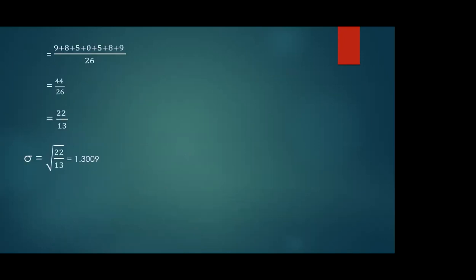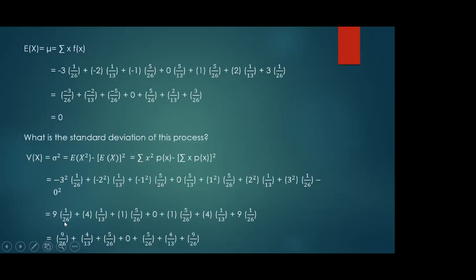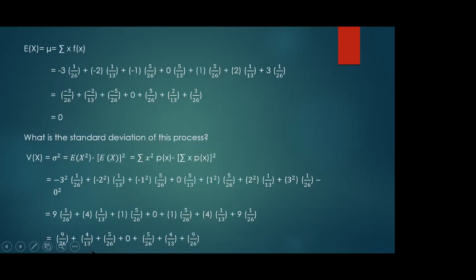So the common denominator in this case is going to be 26. I remember we had 9 divided by 26, so the first one is going to be 9. Then we had 4 divided by 13. 13 into 26 goes 2 times, so 2 times 4 is 8, which we have right here.